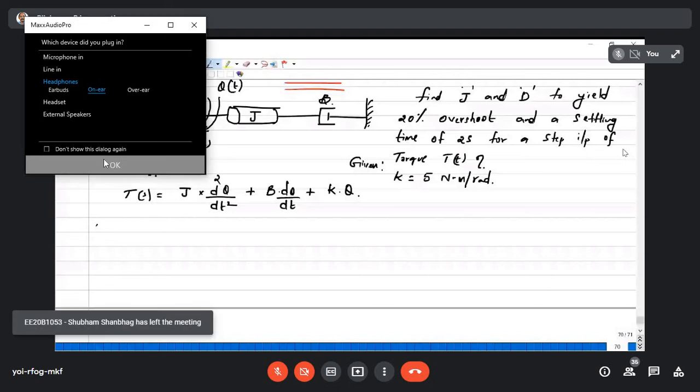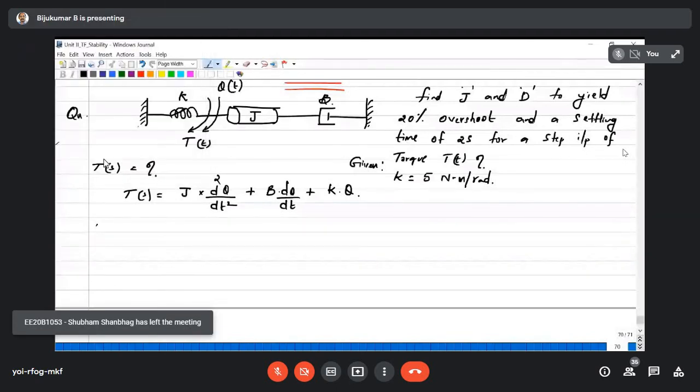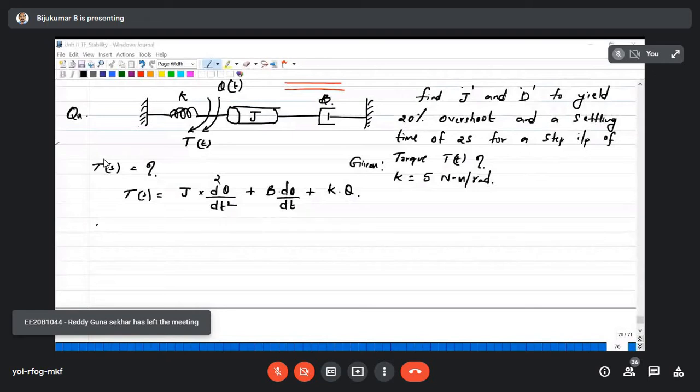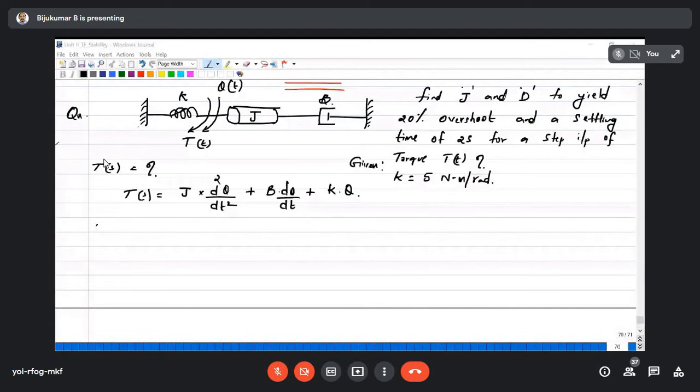Given as 5. Anybody completed this problem? Have you got the results? Yes. This is the value of J and D. Sir, is it J and D or J and B, sir?